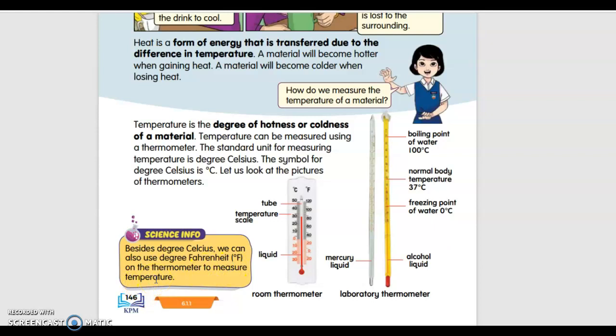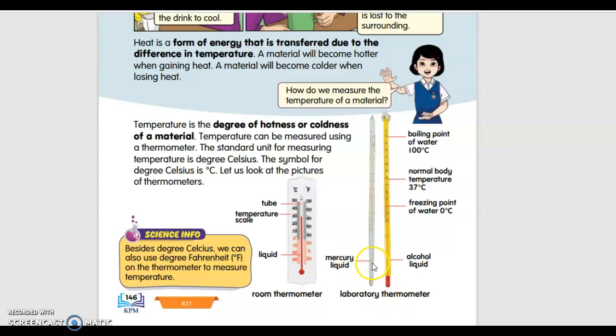Usually in Malaysia, we use the degree Celsius. And this is the room temperature. The thermometer has the tube and the temperature scale, and there's a liquid. There's also a laboratory thermometer, meaning the thermometer we use in the lab.